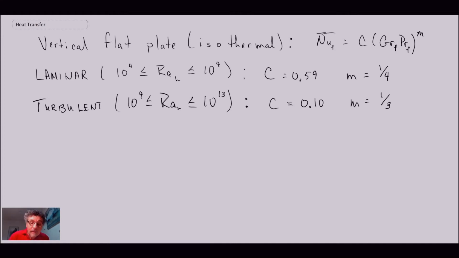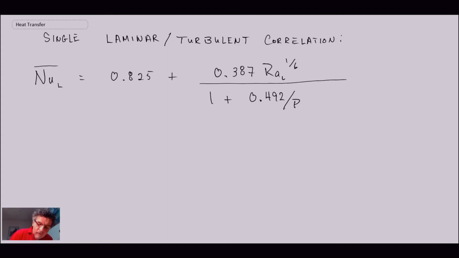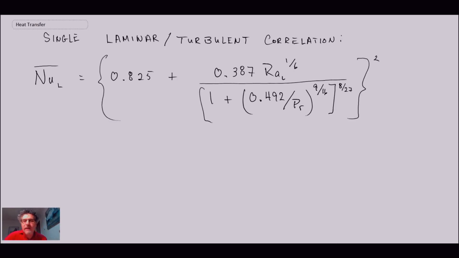And there are a couple of other relationships that exist, and I will provide those now. So this would be a single correlation, covering laminar and turbulent. So that is one single correlation that would cover both laminar and turbulent.